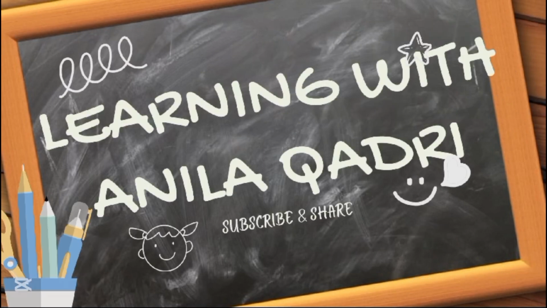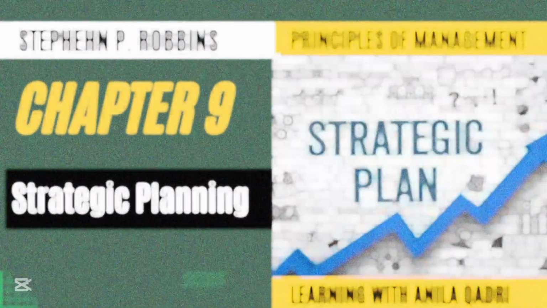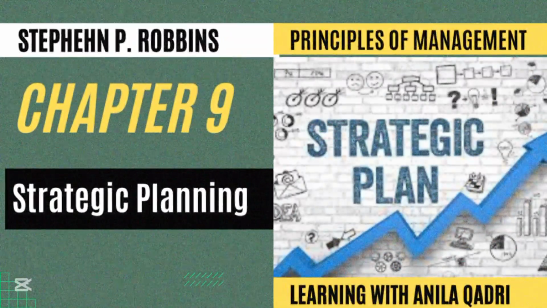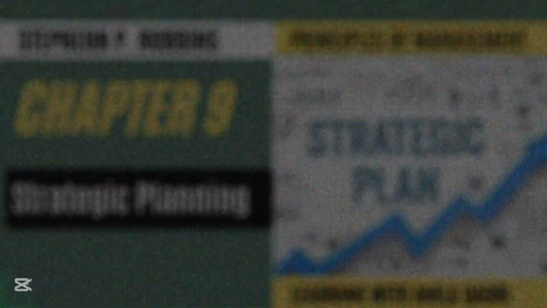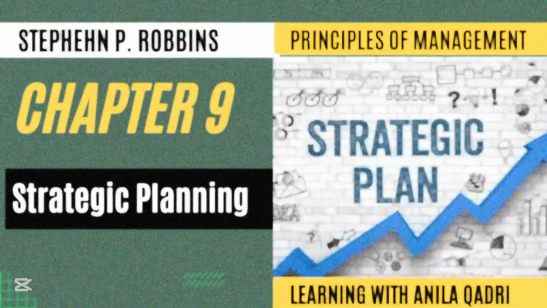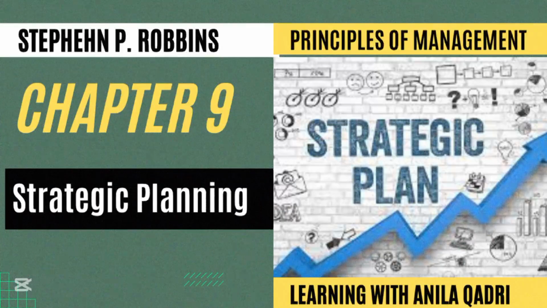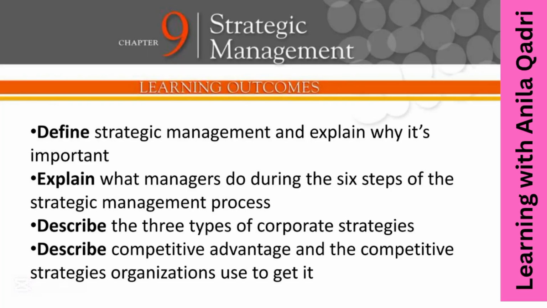Students, today's video is about chapter number 9 of Principles of Management, that is strategic planning. The basic content of this chapter will revolve around: define strategic management and explain why it is important.